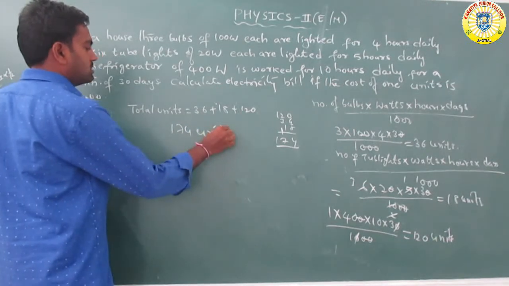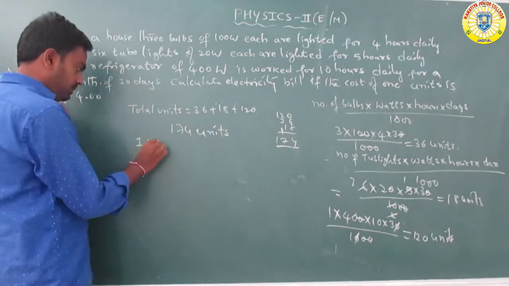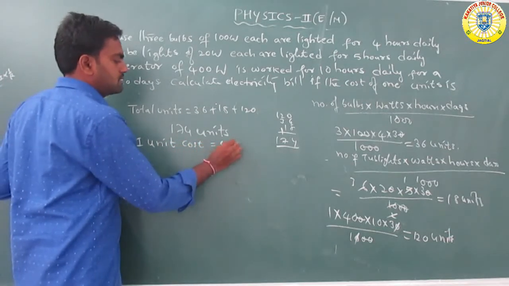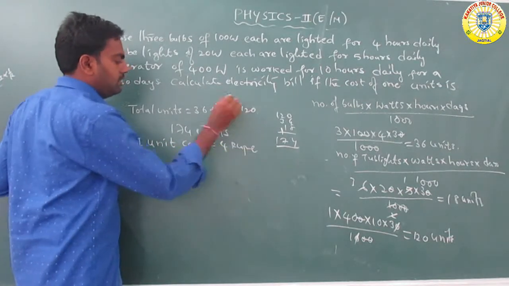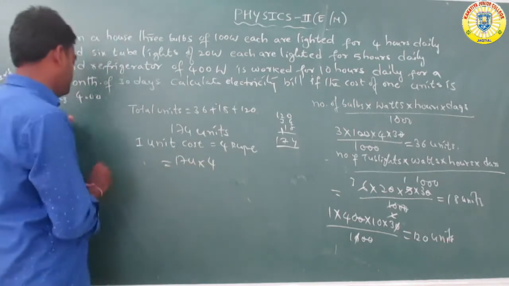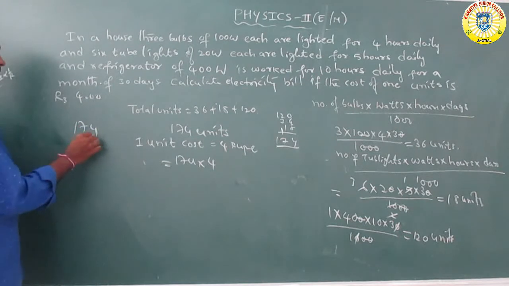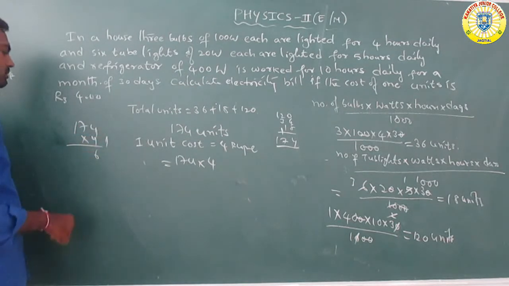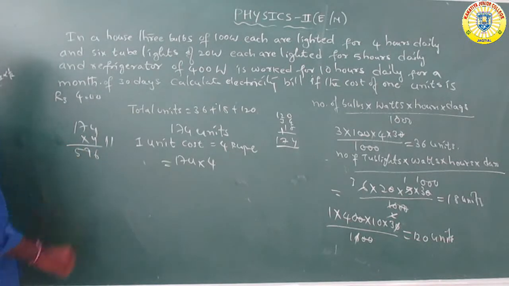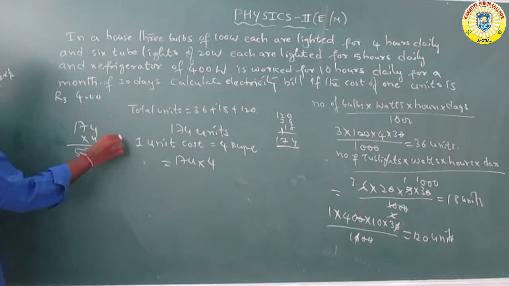So 1 unit costs 4 rupees. Okay, so 174 into 4 rupees. 174 into 4: 4 fours are 16, 9, 5. 4 fours are 16, 1, 2, 6.